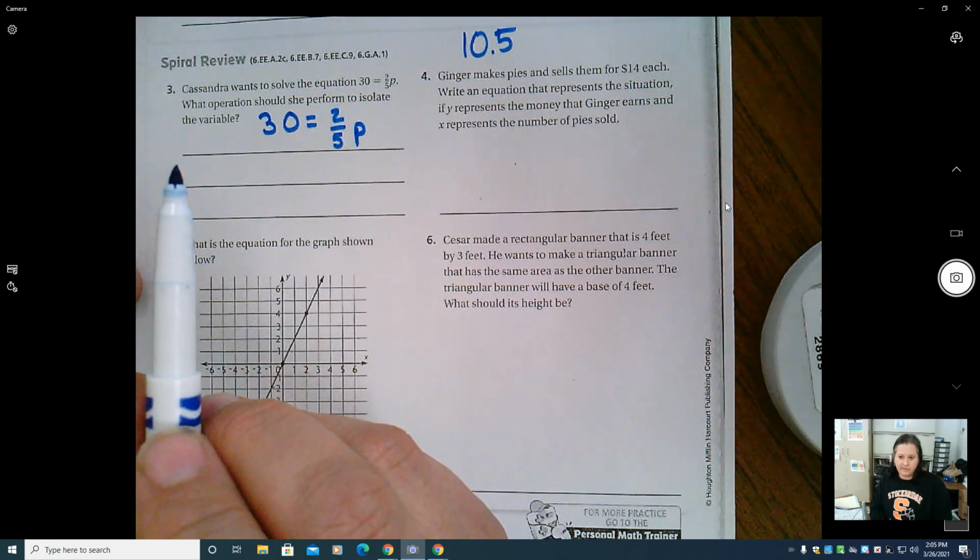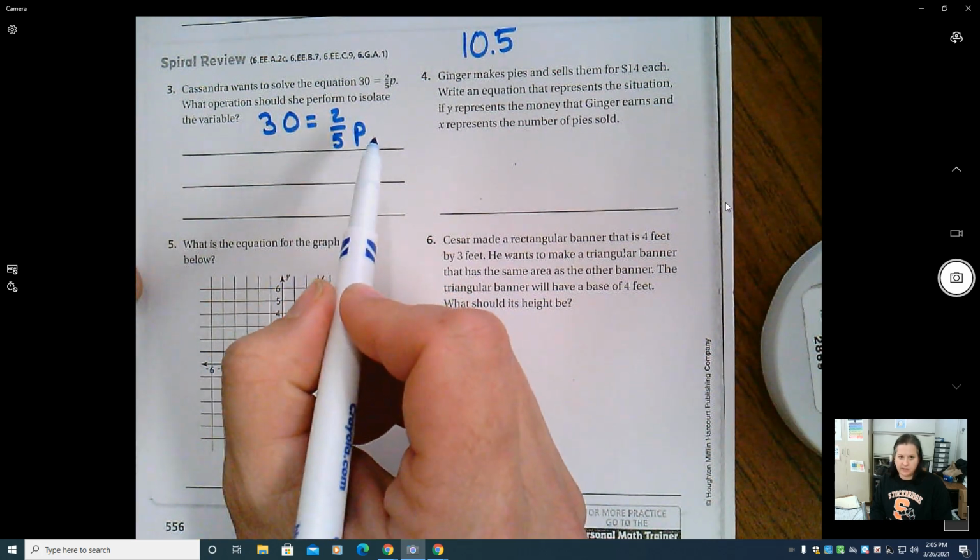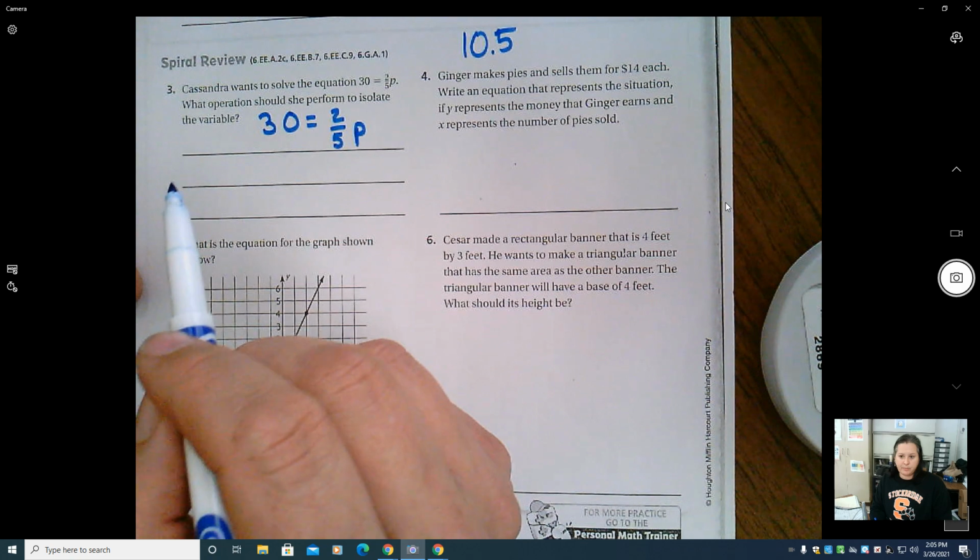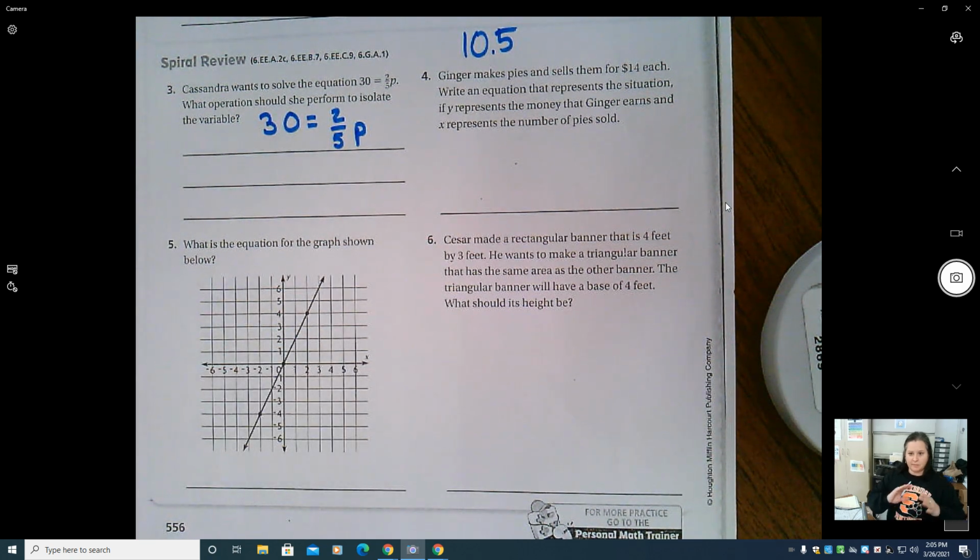Or whenever you have a fraction as the coefficient of your variable, remember that's being multiplied times the p. So in order to divide by 2/5, you would take the inverse operation. Remember, dividing fractions is easy as pie: flip, or take the inverse of the second, and multiply.